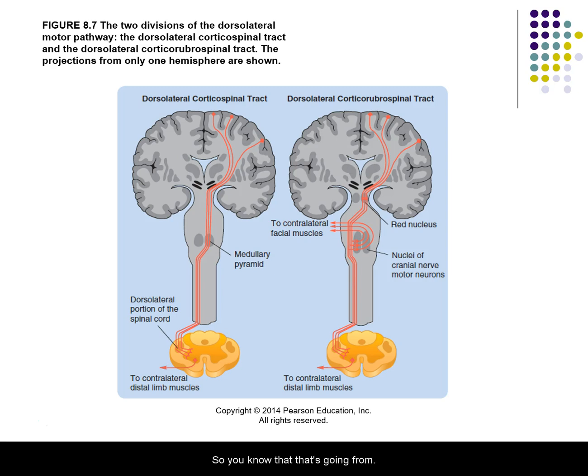Okay, so you know that that's going from dorsolateral portion of the spinal cord up to the cortex, and in this case, it's going to be your motor cortex because that's what we're dealing with. But you could even say to the cerebrum, right? The one on the right, again, it's dorsolateral portion of the spinal cord. Makes sense. It looks the same way there. The only difference here is that it's going up through red nucleus and then branches off. Okay.